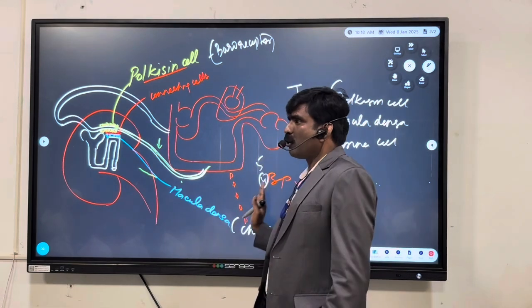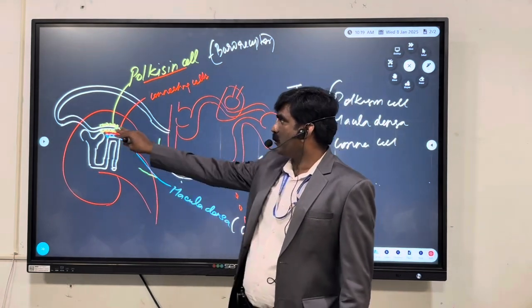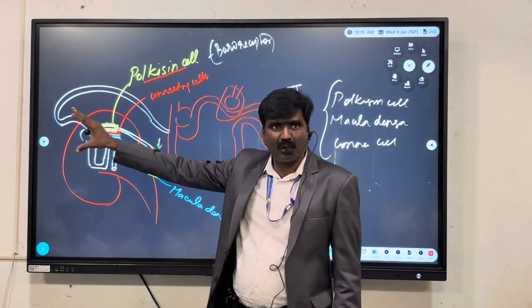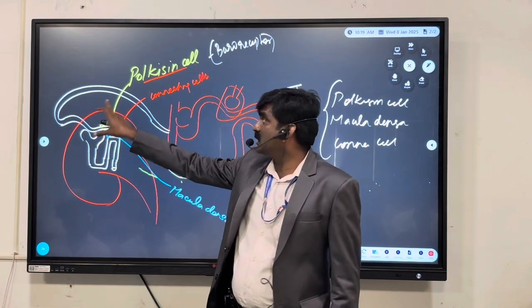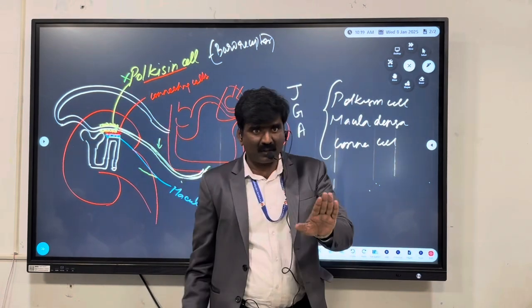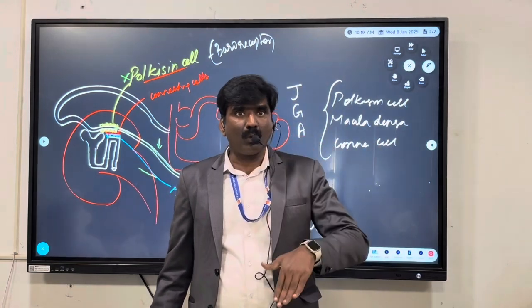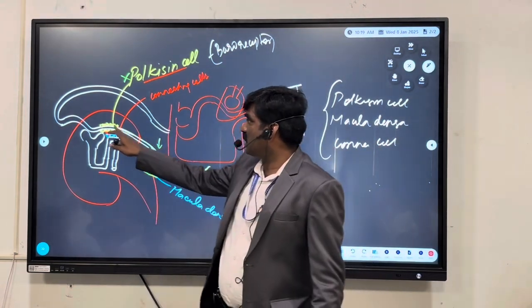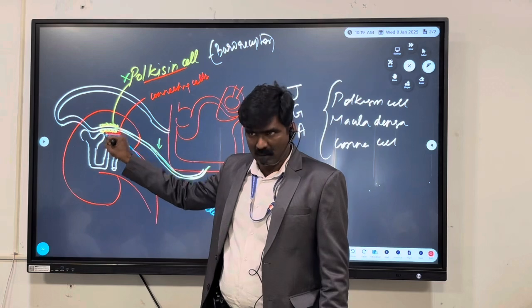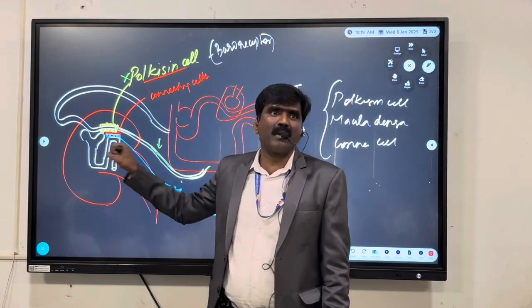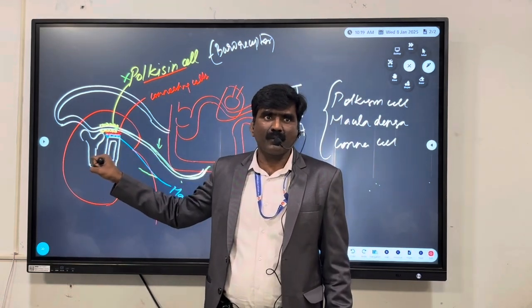If blood flow is normal, this artery will stretch normally and this will not be stimulated. When the pressure is low, the Pulkison cell will stretch less, then it will become active, right?